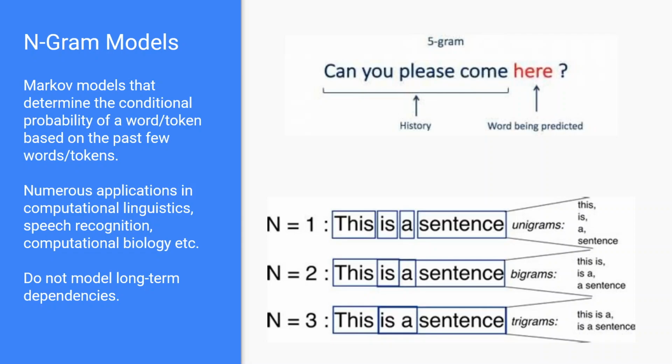Now there are downsides to using n-gram models as well. The downside is that n-gram models do not model long-term dependencies, as in they only consider a short context of size n-1 and do not factor in long-term dependencies.